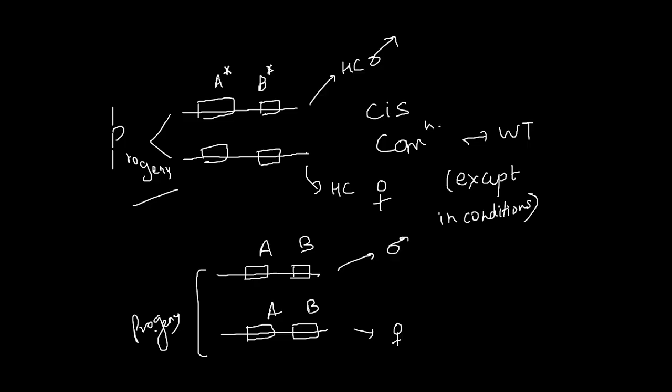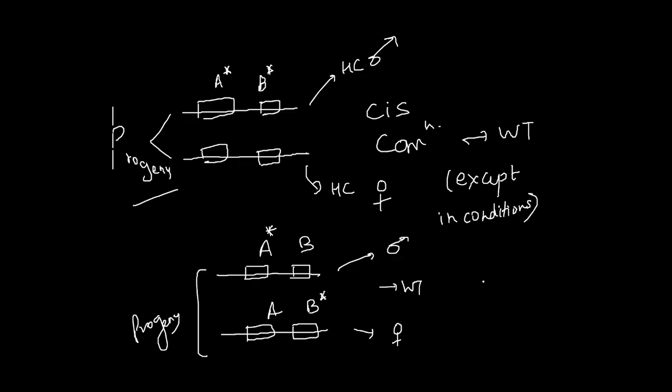Then the mutations could be present on the different chromosomes. So let's say in this or in this, if this is the case, the progeny is getting a good copy of the A gene from its mother, and a good copy of the B gene from its father, it is going to be the wild type.